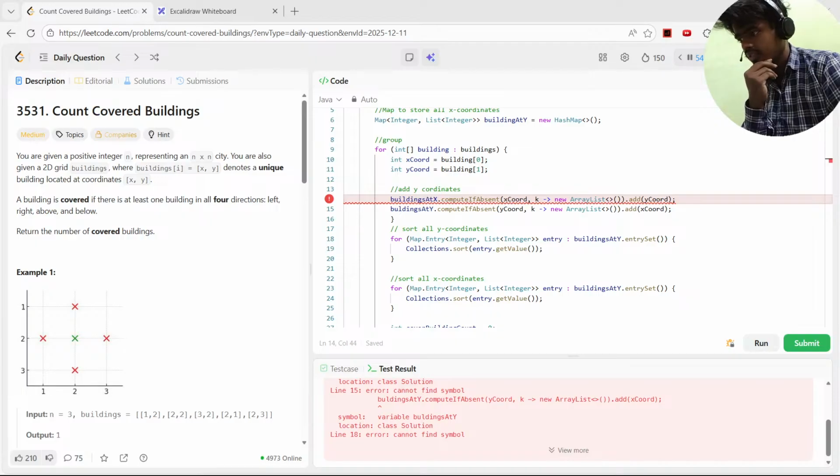Compute x coordinates and when x coordinates, compute the coordinate if absent.